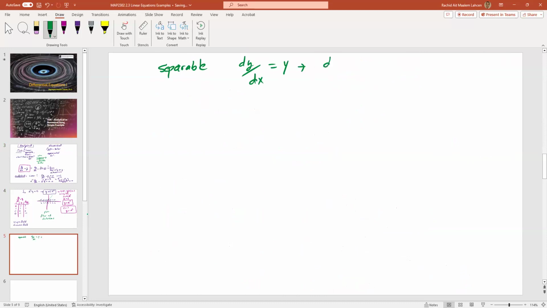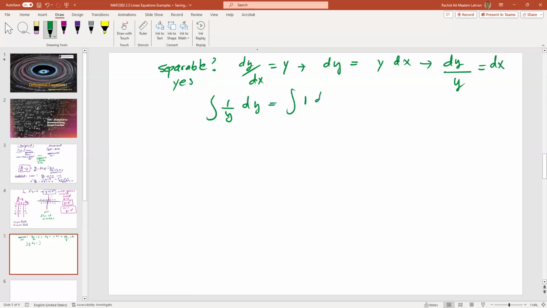All right, so divide. Yes, it is. Then we can follow that. Integrate. Right?